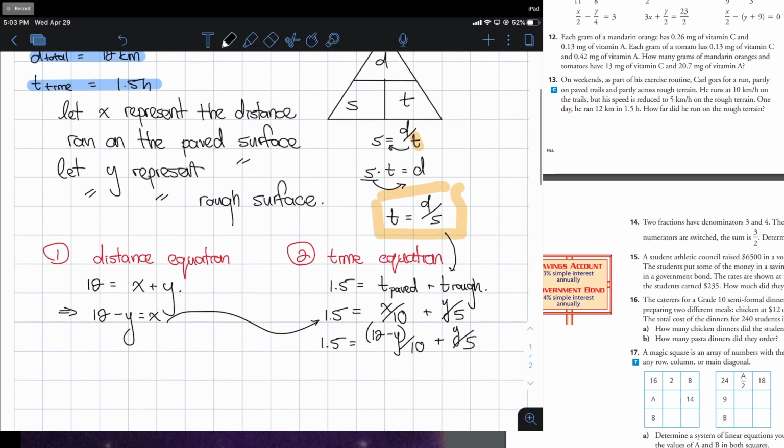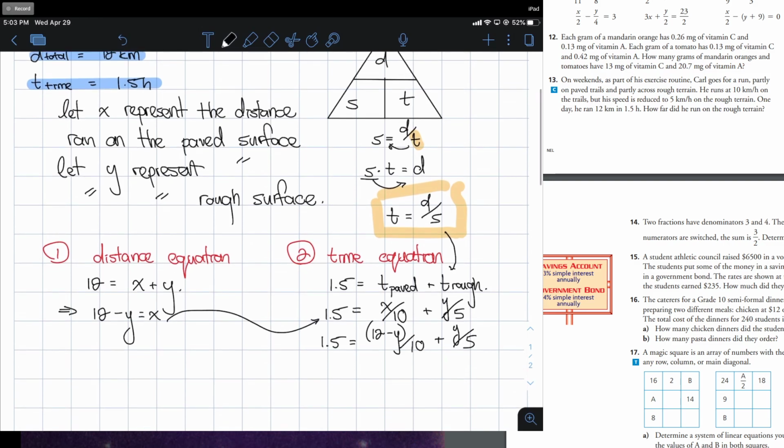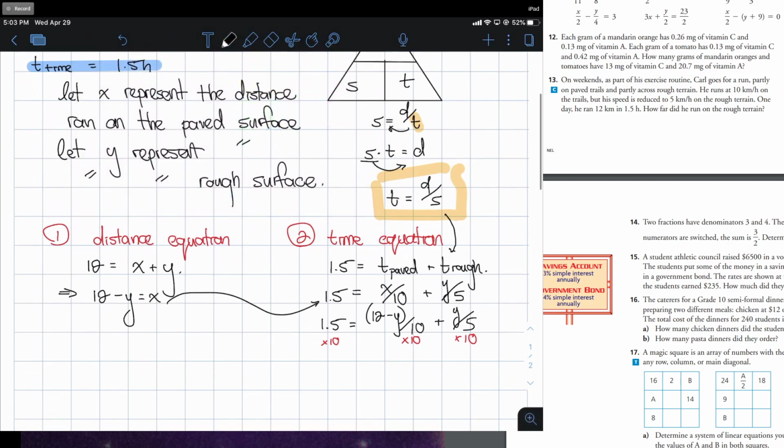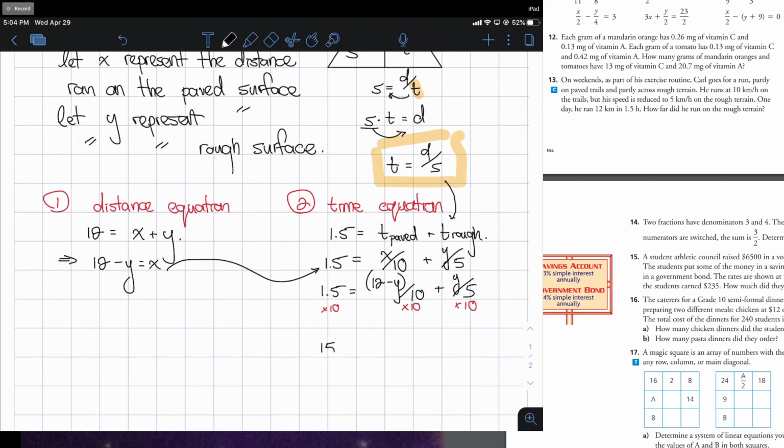So a little bit of a trick, what we can do is multiply to try to get rid of the fractions. Okay, so notice that if I multiply everything by 10, what that will end up doing is getting rid of all the fractions. Okay, so let's see how that'll work. So 1.5 times 10, that gets me 15.